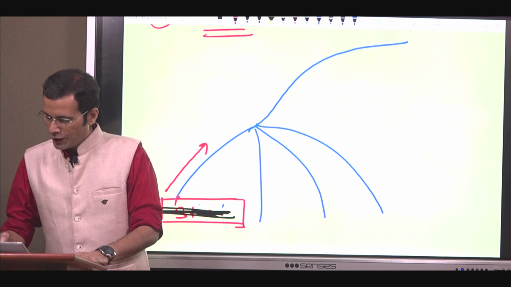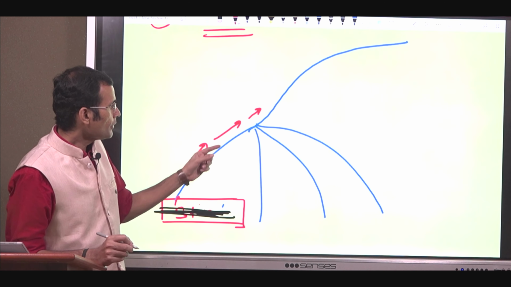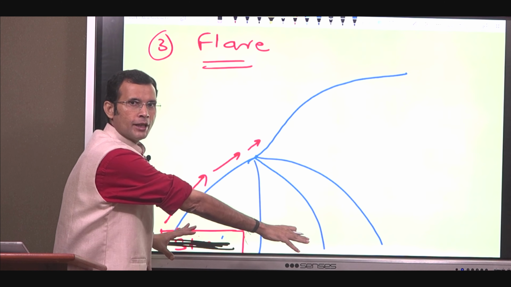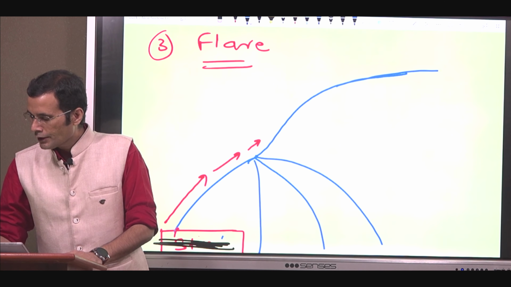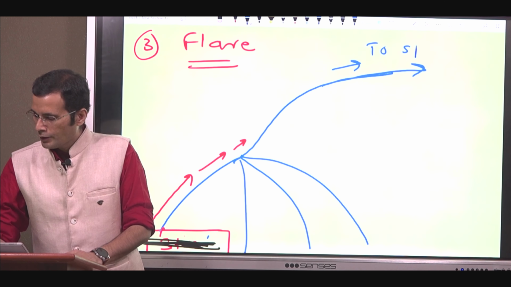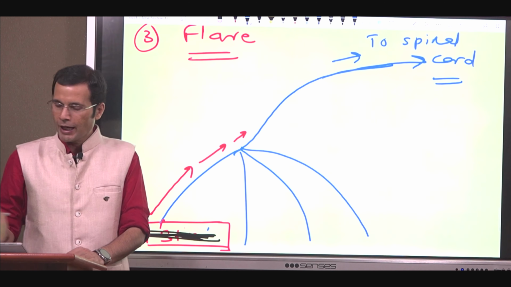Fine? Okay. The impulse is conducted, but from the branching point, see, these are all branches of that neuron, and this is now going towards the spinal cord. Obviously, it's an afferent neuron, so impulses will be carried to the spinal cord.